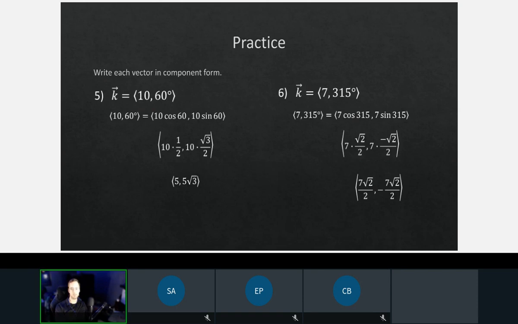You need glasses like me, or better lighting. I don't know. There you go.